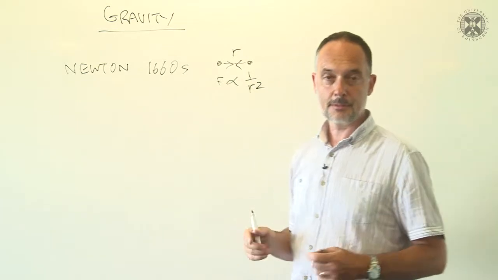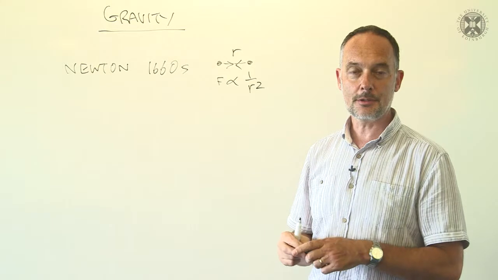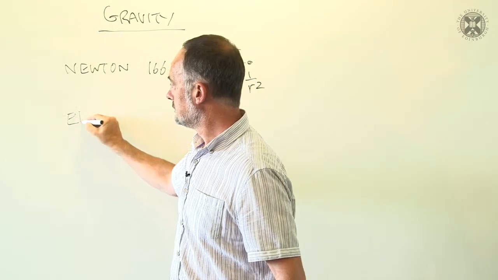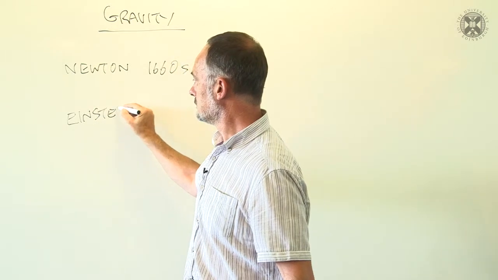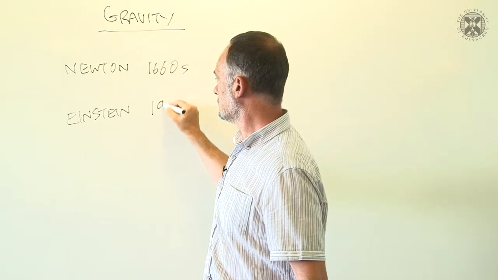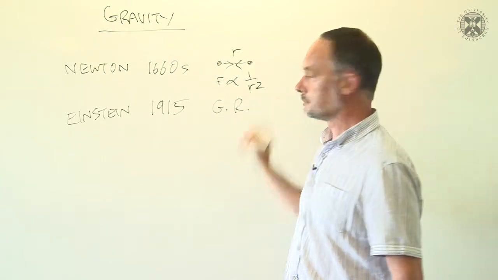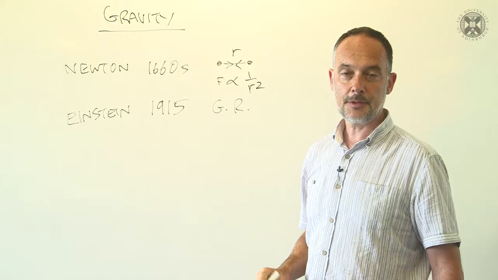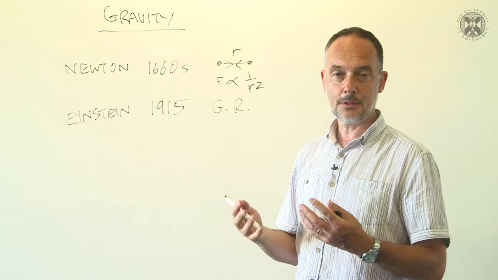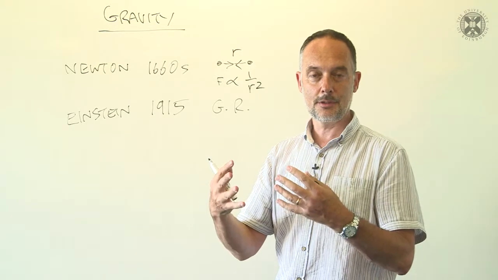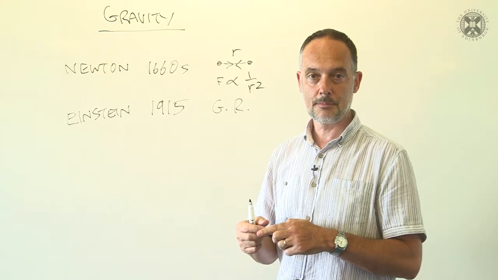Between two particles, half the distance between them, the force goes up by a factor of 4. But this is replaced by general relativity in 1915 by Einstein, where he took the view that you should think of this force as arising from a curvature of space and time.